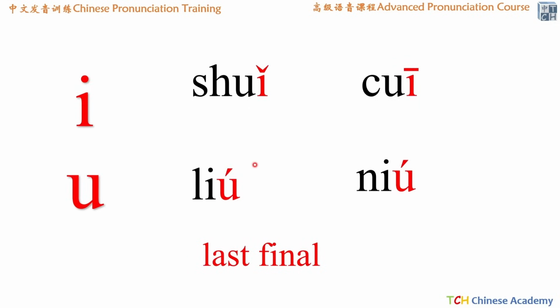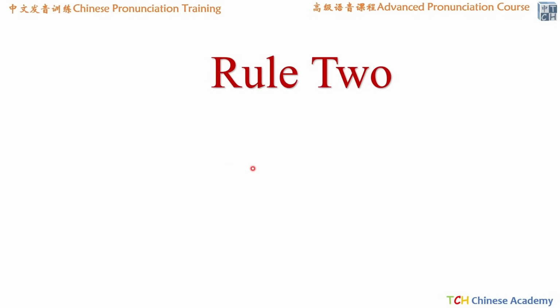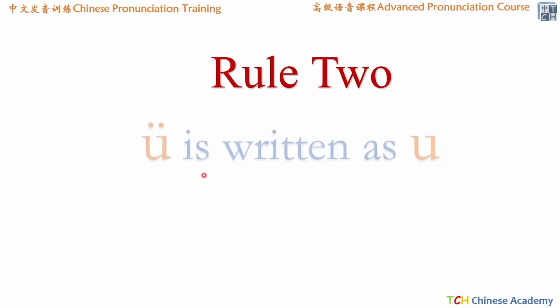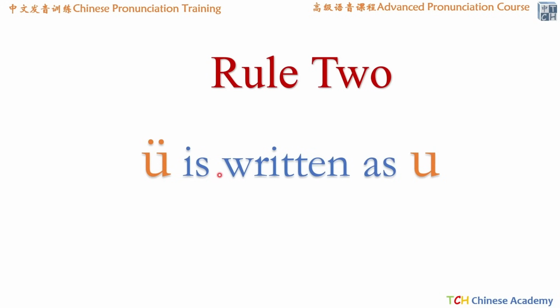Well, here is rule 2. It is about ü being written as u, but still pronounced ü.